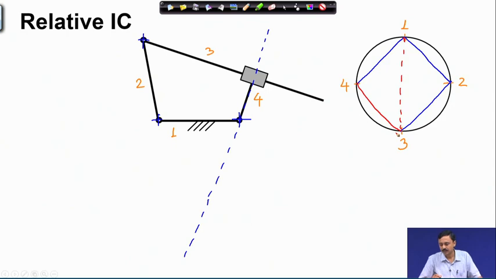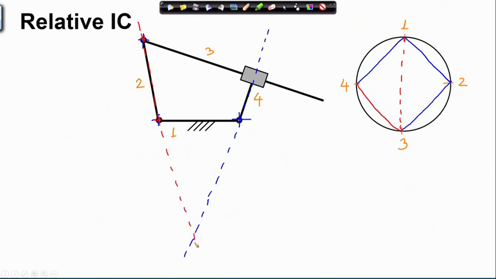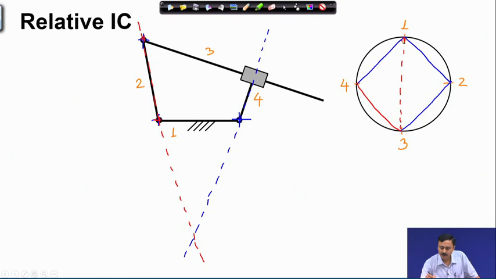So, I 1 3 lies on the line of I 1 2 and I 2 3. So, which means this line. I 1 3 lies on this red dashed line and I 1 3 also lies on this I 1 4 which is here, and I 4 3 which is at infinity on this line. So, this point, this intersection point must be I 1 3. So, I know I 1 3.